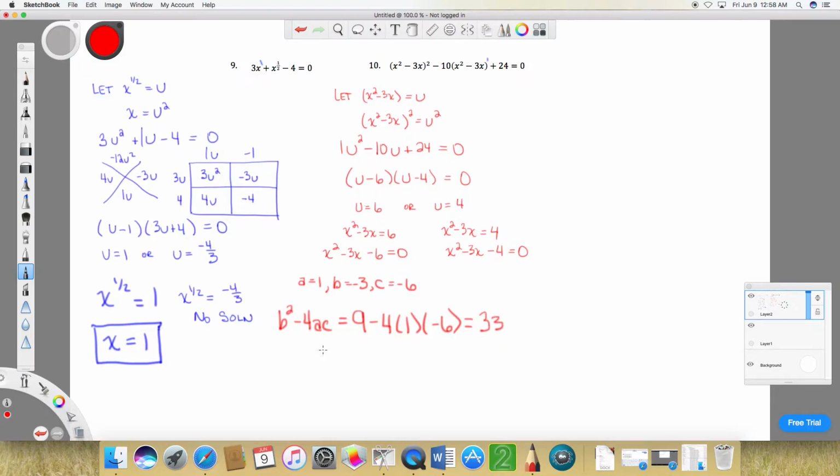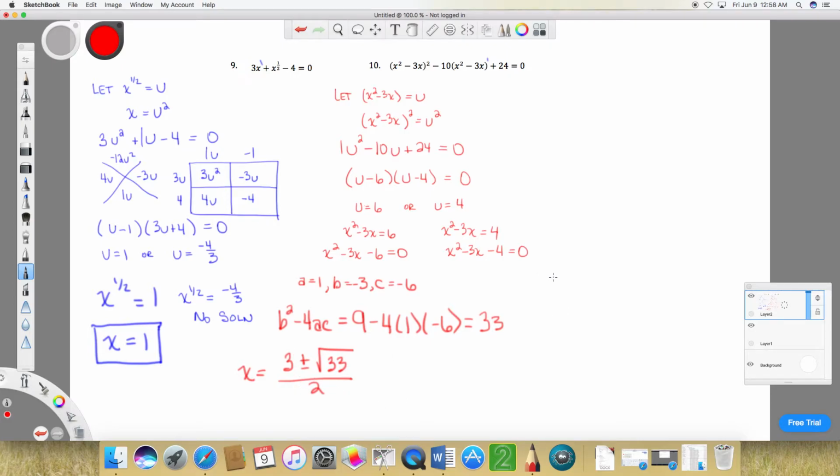All right, so I'm going to have irrational numbers as solutions here. So I have that x is the opposite of b. The opposite of -3 is +3, plus or minus the square root of this discriminant, 33, all divided by 2 times a. All right, so those two are both solutions to that original equation.